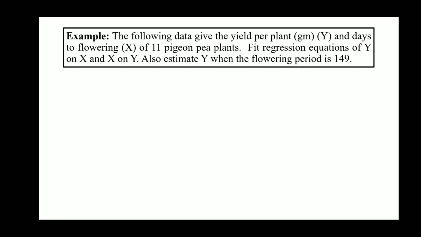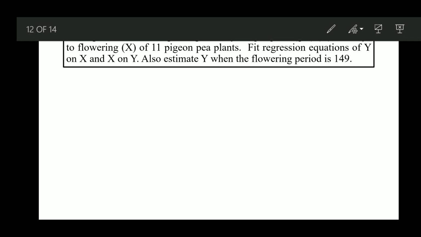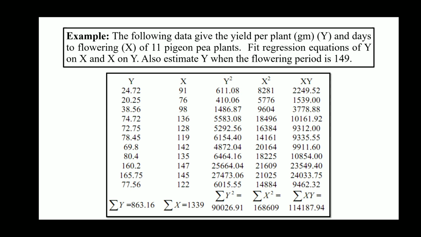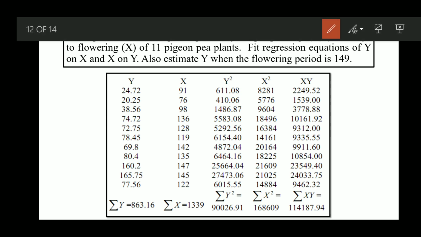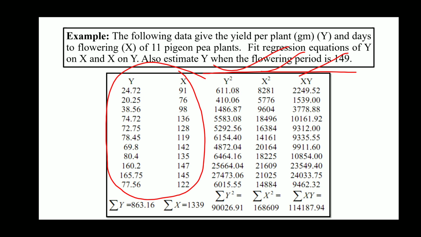Now what we have to do is fit the regression equation both of y on x and x on y, and also estimate y when the flowering period is 149. So this is the data we have. We have these two columns, the rest I have calculated, these three.